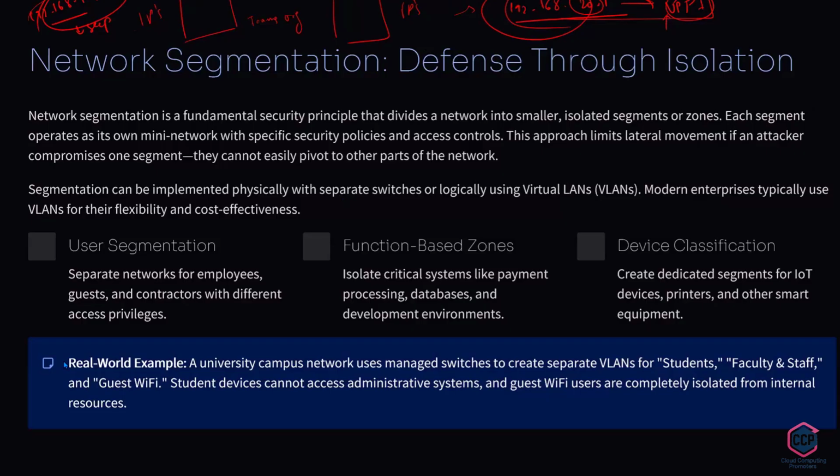A real-world example would be guest Wi-Fi or a guest account in an organization. They have separate zones where they create a guest account for 24 or 30 hours based on your email ID.